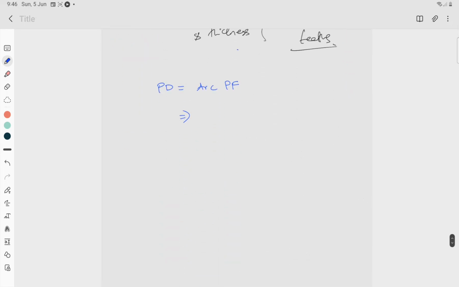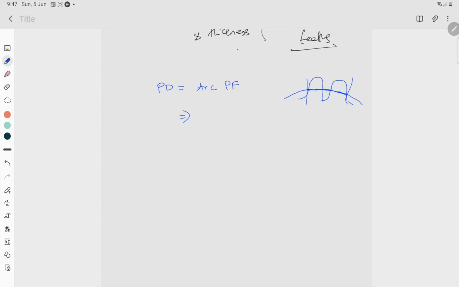If you remember, this arc length from this point to this point we call the circular pitch.